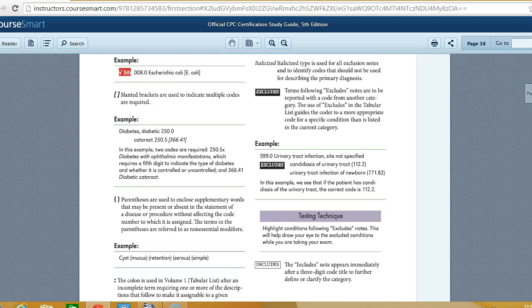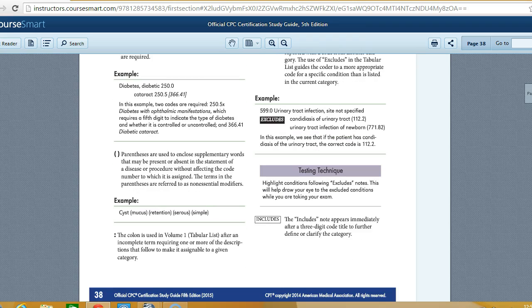The parentheses, remember those are where our non-essential modifiers are held. Y'all, all of this is in front of your ICD-9 manual. They're there, y'all. You have your colon. This is a colon used in volume 1 after an incomplete term requiring one or more descriptions that follow may it be assignable to a given category.